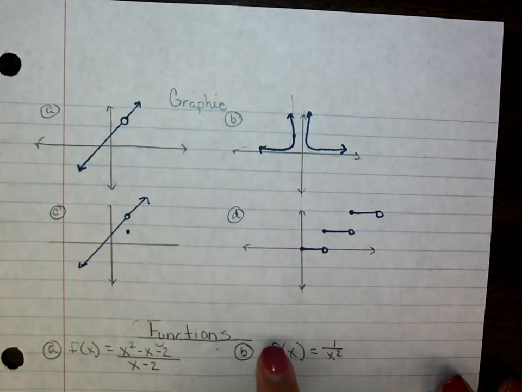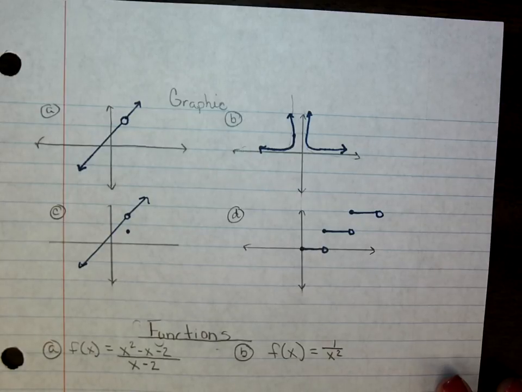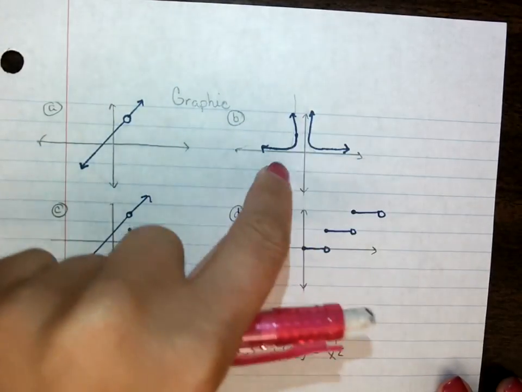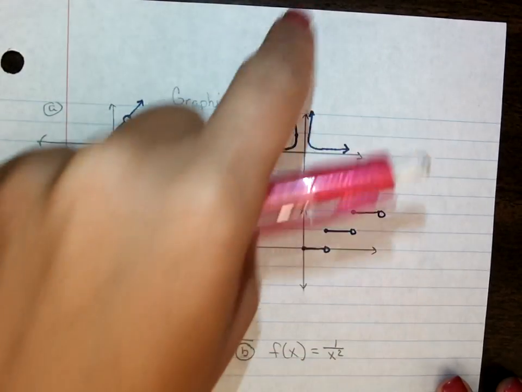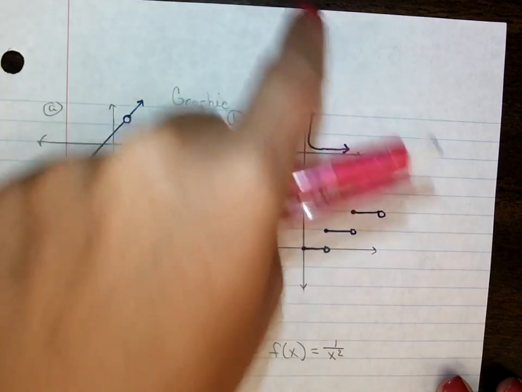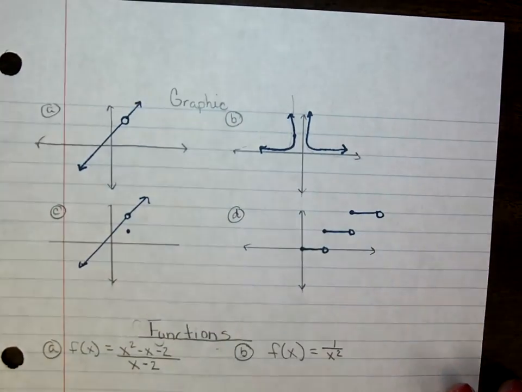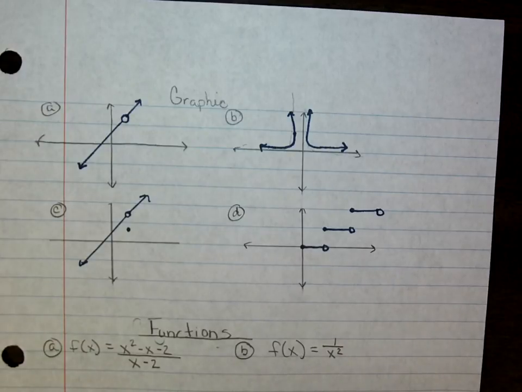This graph is the graph of f of x equals 1 over x squared, and this is called infinite discontinuity. Notice how I'm going up infinitely, going down infinitely. So this is infinite discontinuity.